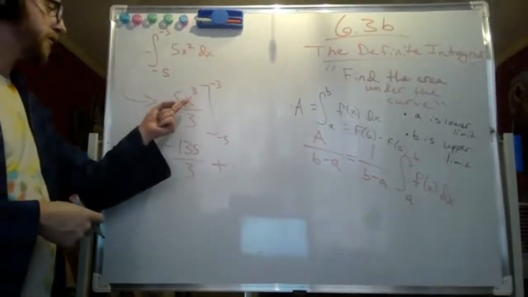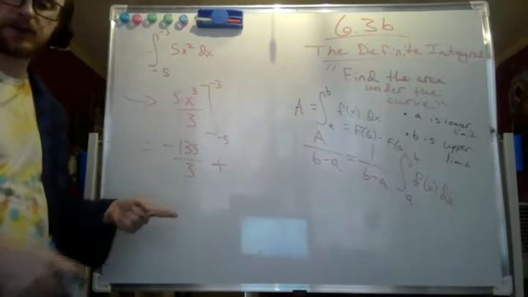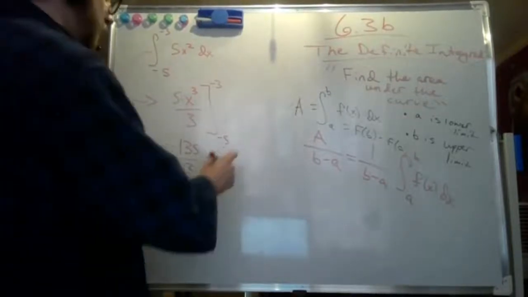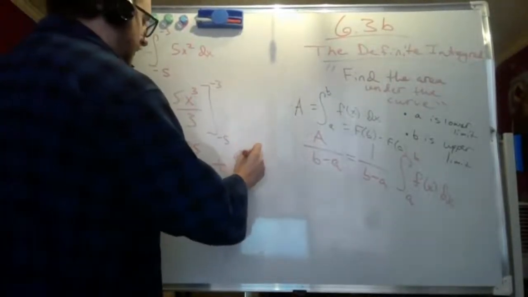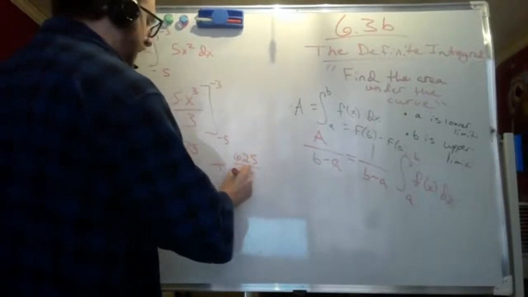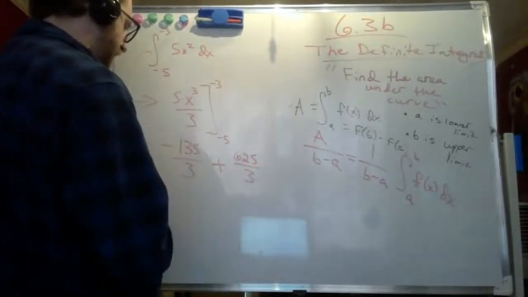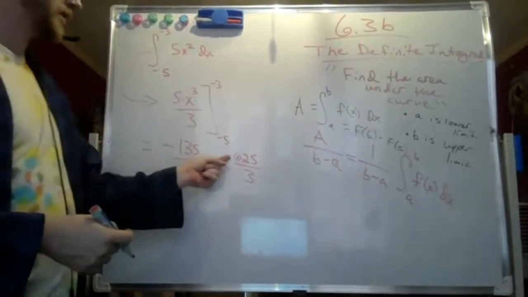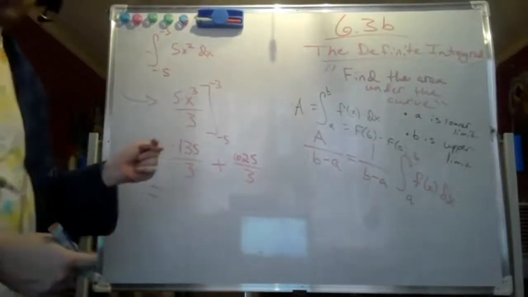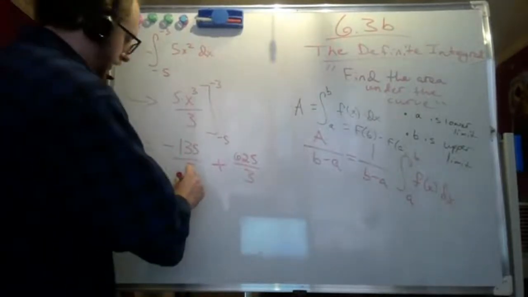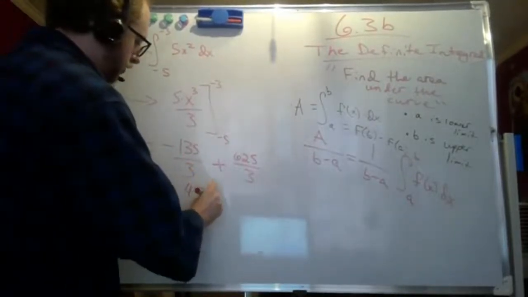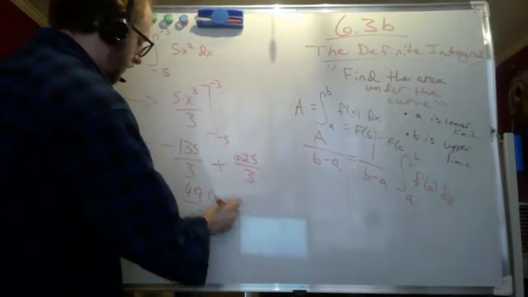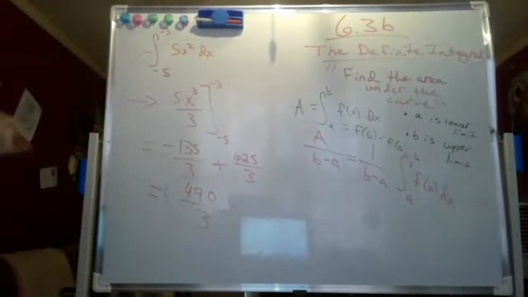So I have 125 times 5, which is going to give me 625 divided by 3. And so now all we do is just add the two together, and 625 minus 135 is going to give you 490 divided by 3. And that is a good, perfectly fine answer.